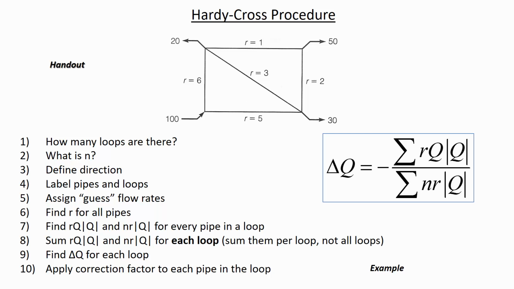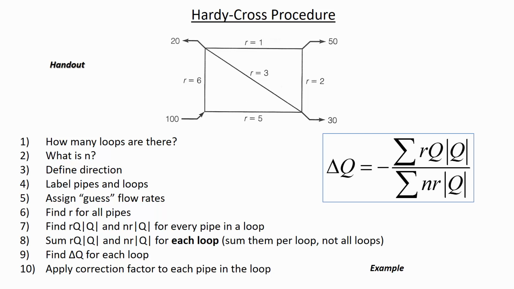We've got water coming in at one location, exiting at three locations, and here the R values are provided. Again, R is resistance, and so the higher the R value is, we can expect that, relatively speaking, water is going to prefer to flow through lower R value pipes.